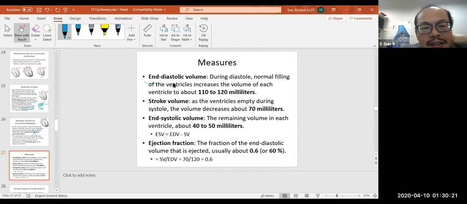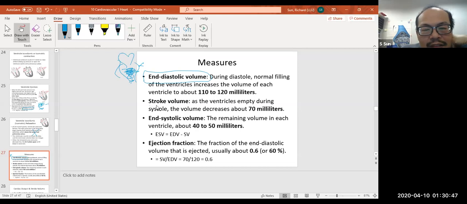Here are some important quantities commonly used to describe the heart. One is called the end diastolic volume. This is the atrium, this is the ventricle. When the heart fills with blood, the largest amount that can fill into the ventricle is the end diastolic volume.